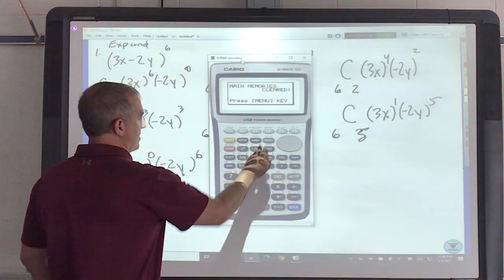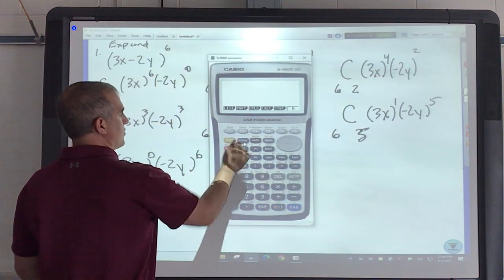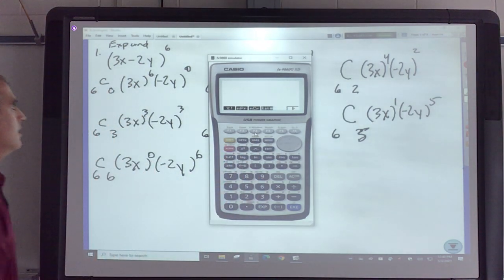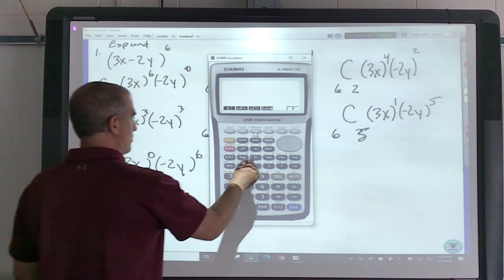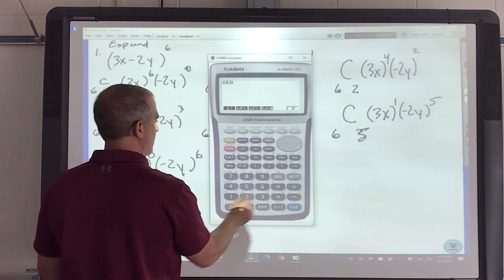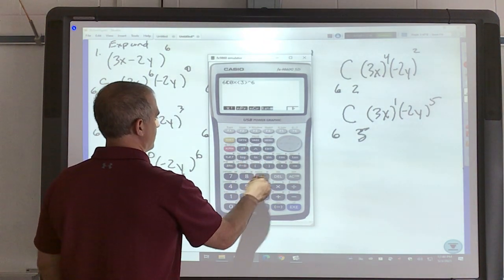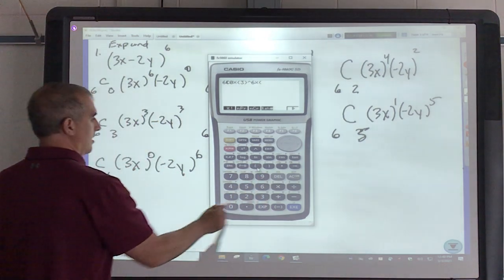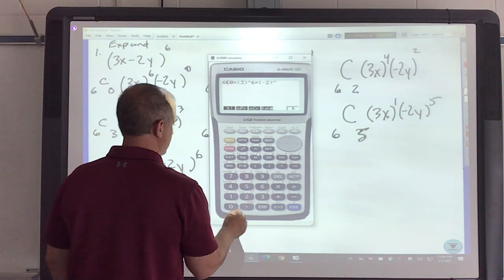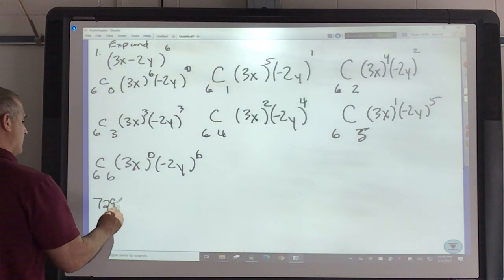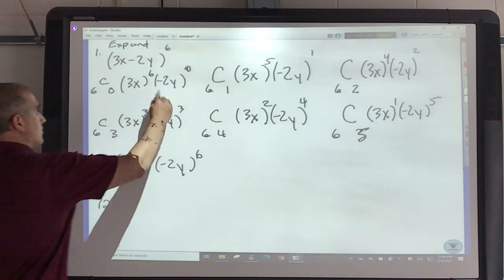As a reminder, use the calculator's option, scroll, prob menu. I would do 6 choose 0 times 3 to the 6th times negative 2 to the 0. So I got 729 x^6, there's no y there.